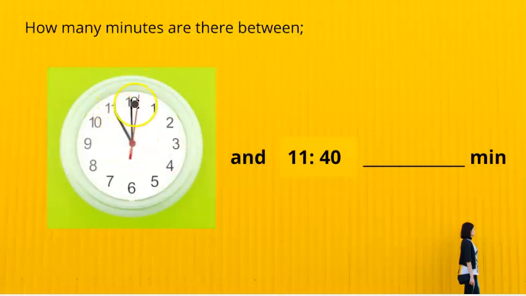Okay, now how many minutes are there between 11 o'clock and 11:40? Now, when will it be 11:40? To get to 40, you can't start counting 1, 2, 3, 4, 5. But in between, I have 5 here, 5 here, 5 here, so I can actually count in fives.